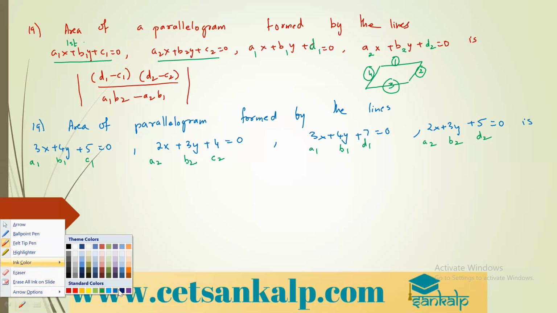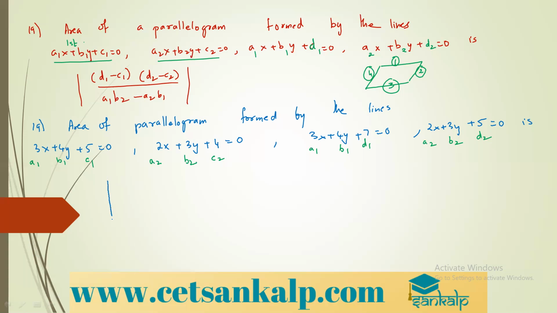Now, on applying in the formula, absolute value of d1 minus c1, that is 7 minus 5, d2 minus c2, 5 minus 4, by a1 into b2, 3 into 3, minus a2, 2 into b1, 4.